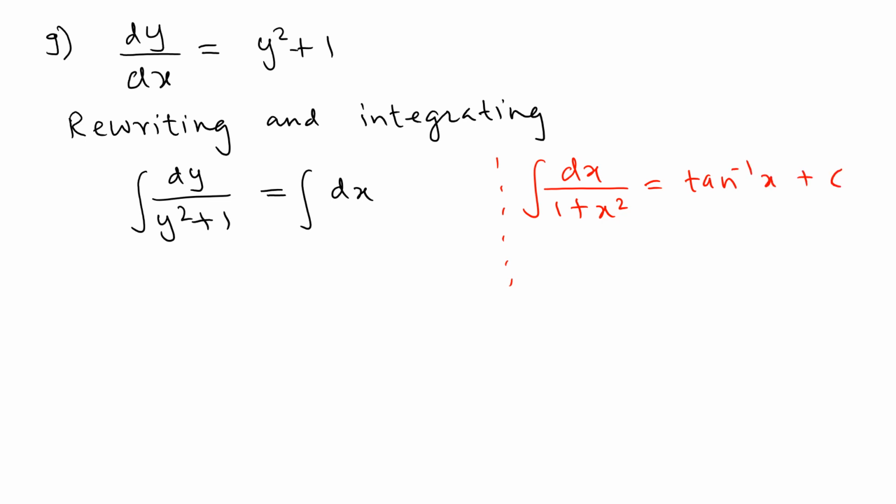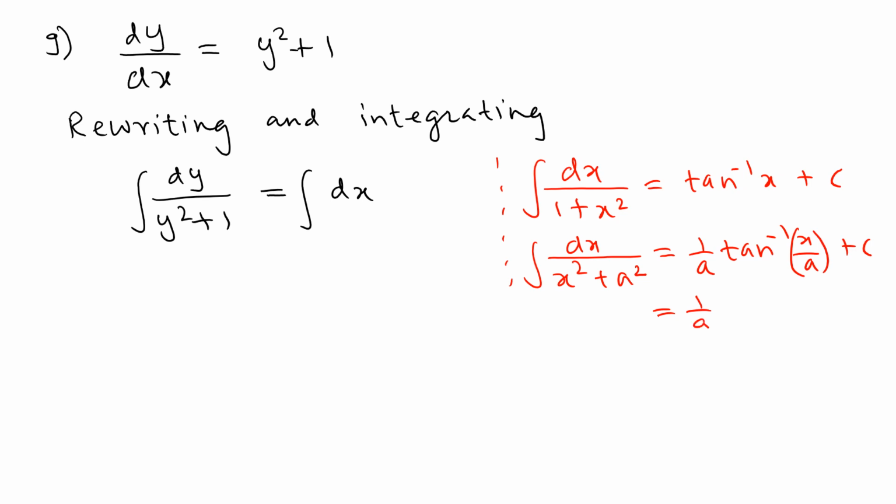And if you look at the general case, dx over x squared plus a squared is equal to 1 over a tan inverse of x over a plus c. Sometimes we also write this as arctan, so some people write arctan x.